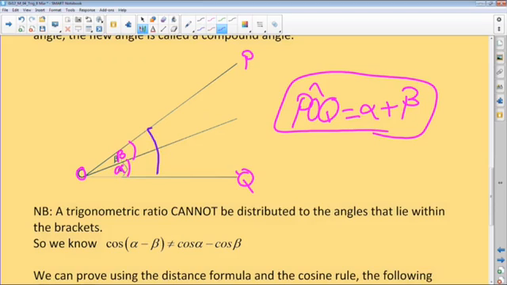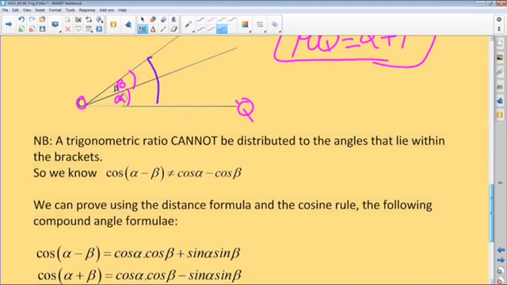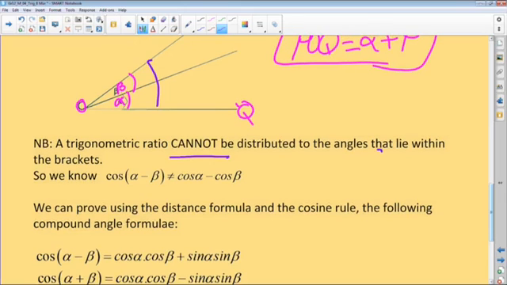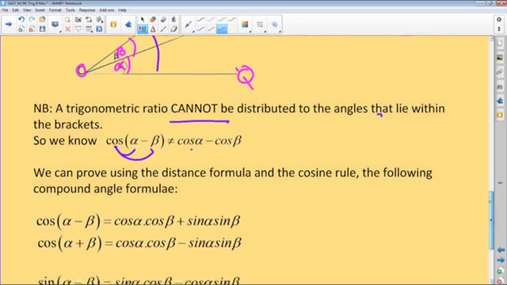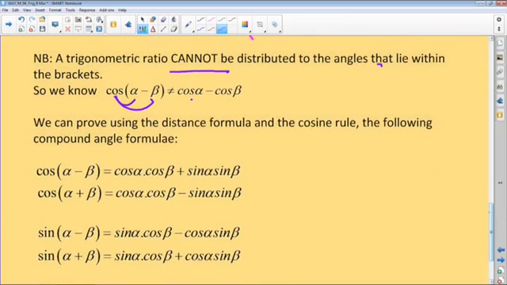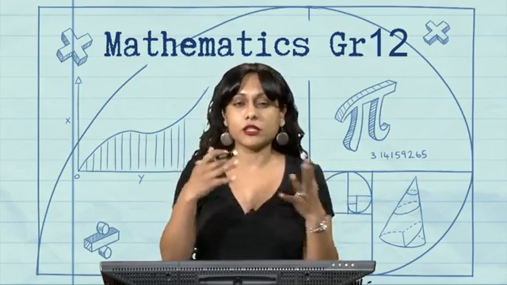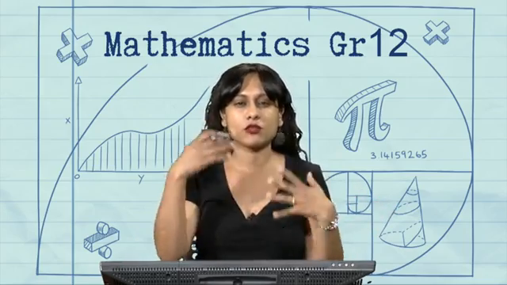All right? What we saw from the example we did is that a trigonometric ratio cannot be distributed to the angles that lie within the brackets. So we know that we cannot say that cos of alpha minus beta is the same as cos alpha minus cos beta. So there must be a way that we can actually expand that, because imagine if you couldn't find cos or sine of an angle and all you could do for compound angles each time is to draw 90 degrees.